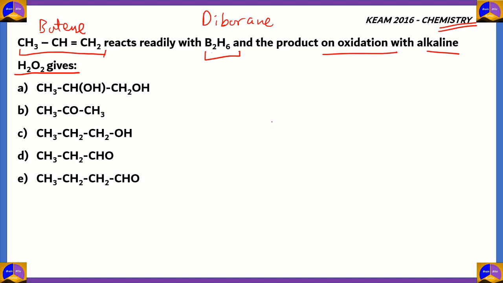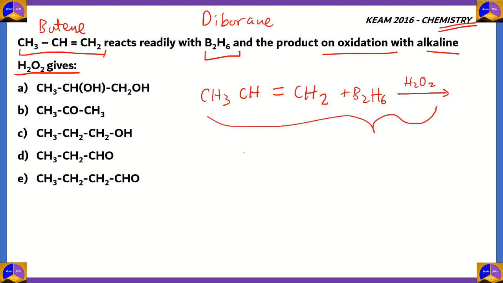So let's write down the equation here. So we have CH3, CH double bond with CH2. And now this reacts with diborane, B2H6, and the reaction is in the presence of H2O2.